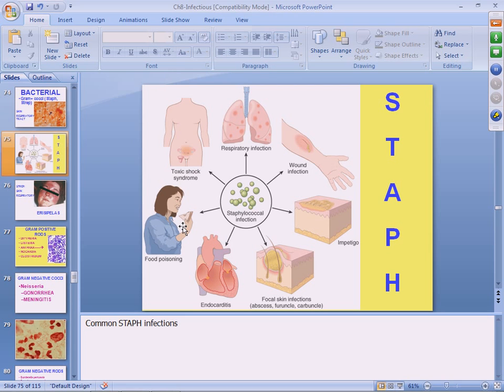And then toxic shock syndrome, in which the staph organisms create a family of compounds called superantigens, making the news a while back as being something from tampons, causing a very, very serious disorder in women. This is basically, in a nutshell, the overview of the more common staph infections.